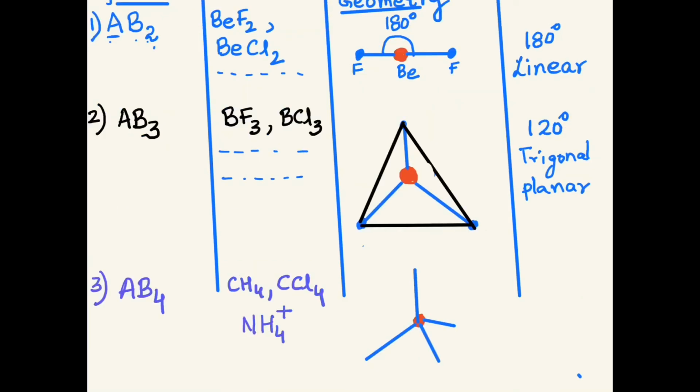So we do another one, AB4. For example, you've got methane, carbon tetrachloride, ammonium ion. Be careful about this because we are going to talk about ammonia a little later, or maybe in the next video. I don't want to make this too long. You'll see the difference. Now, if you notice over here, it's got a tetrahedral shape where two bonds are aligned, so one bond is towards you and the other is away from you.